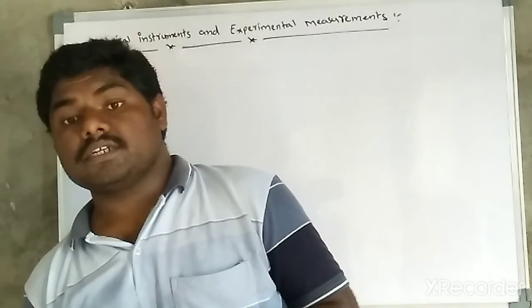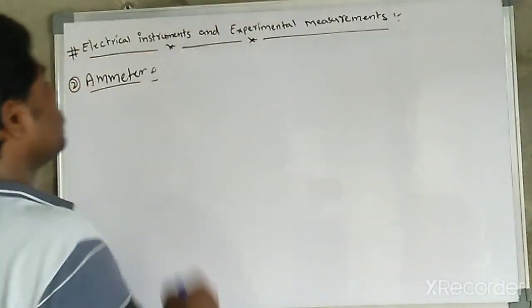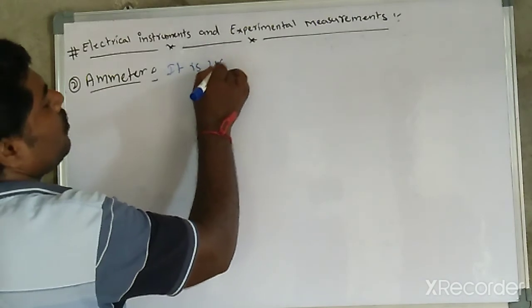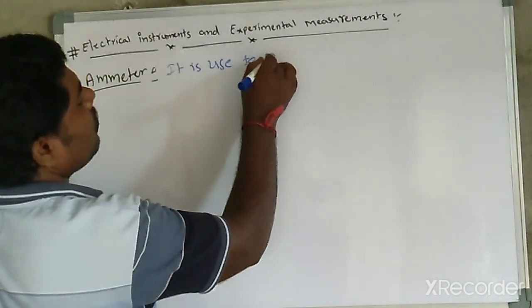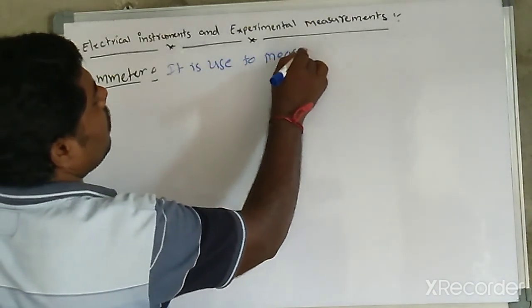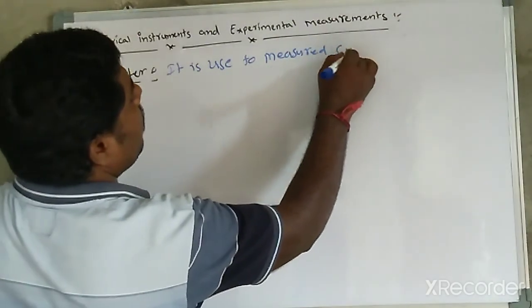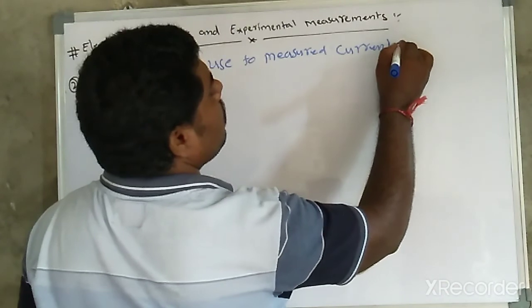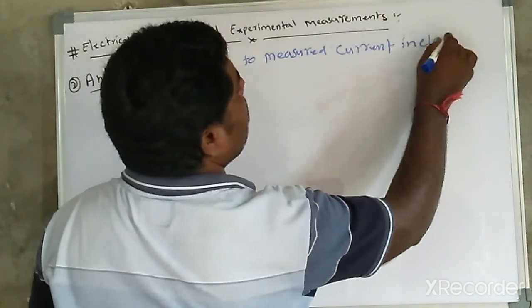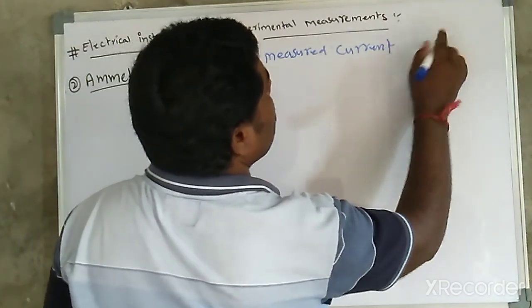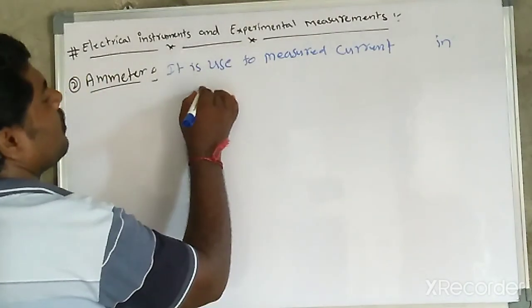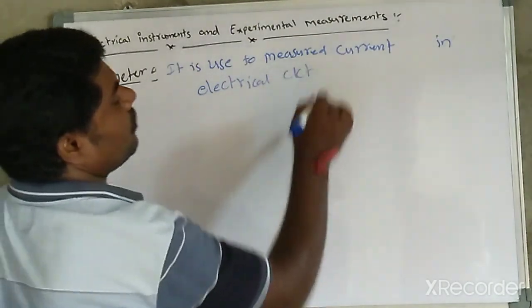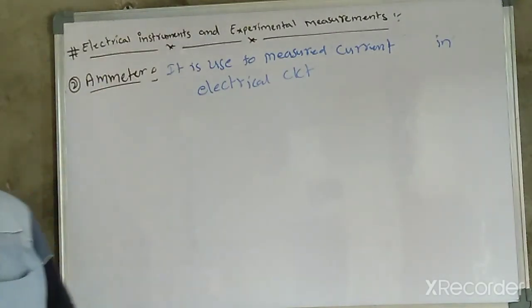This is the construction. The statement here is that it is used to measure current in an electrical circuit.